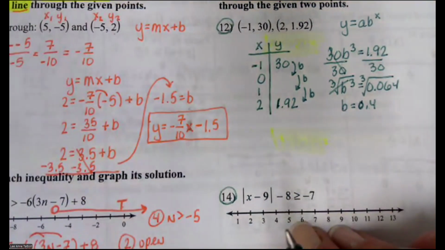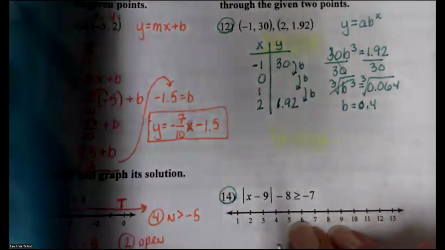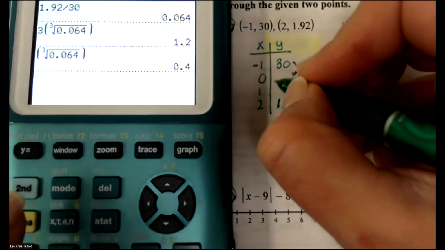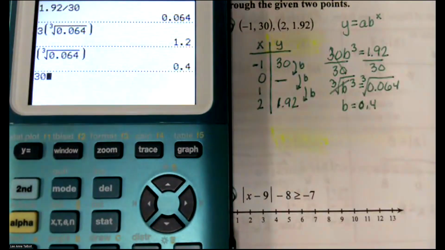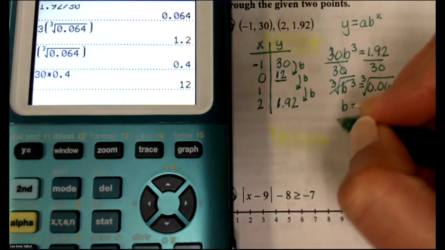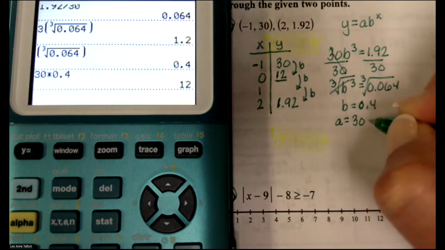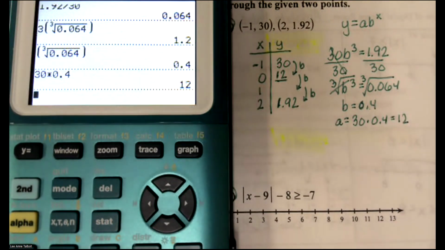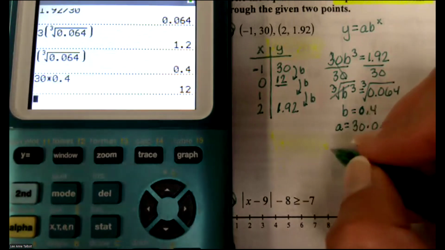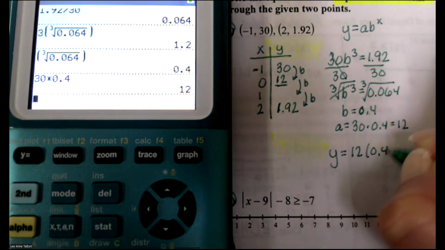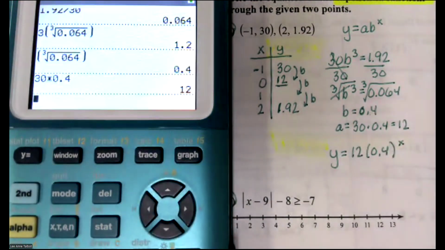Okay. So now I need to figure out what A is. And A is in this spot in the table. So I'm going to do 30 times 0.4, which is 12. Y equals A B to the X.